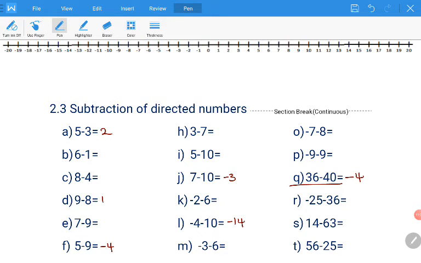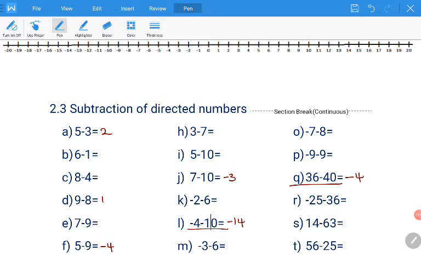And also looking at question R, we will notice that we are subtracting from a negative number. Subtracting from a negative number is more like we are moving further to the left. So, for instance, if we go back to question L, we notice it was -4 minus 10.